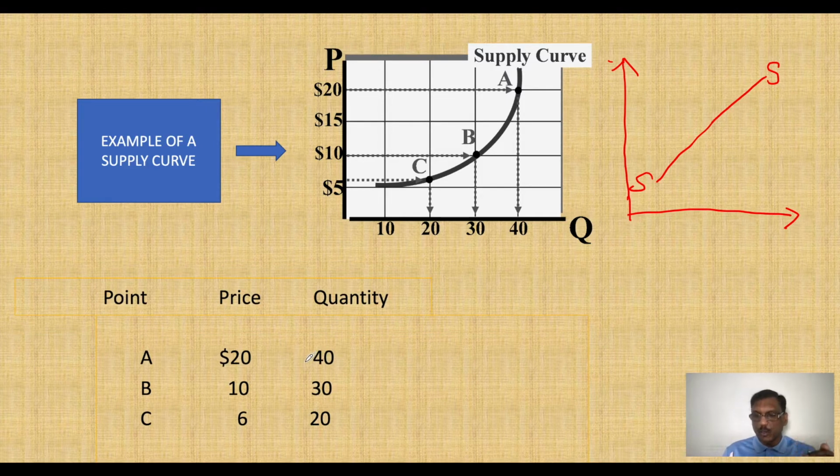Some can produce at a lower cost, some will be producing at a higher cost. Of course, when you offer a higher price, even the less efficient producers can come and supply in the market. Do you see this? That's why whenever the price increases, more people will come to offer their products. So that's why you have an upward sloping supply curve.